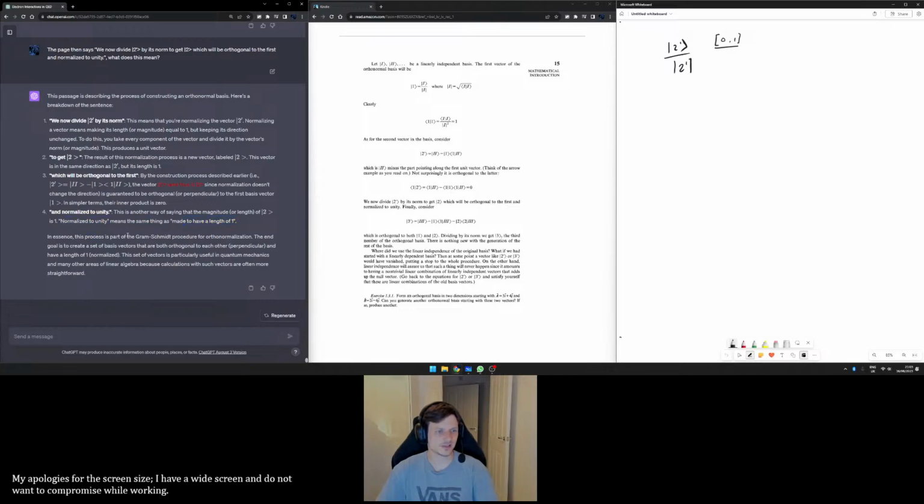In essence, this process is part of the Gram-Schmidt procedure for orthonormalization. The end goal is to create a set of basis vectors that are both orthogonal to each other, perpendicular, and have a length of 1, normalized. This set of vectors is particularly useful in quantum mechanics and many other areas of linear algebra because calculations with such vectors are often more straightforward.